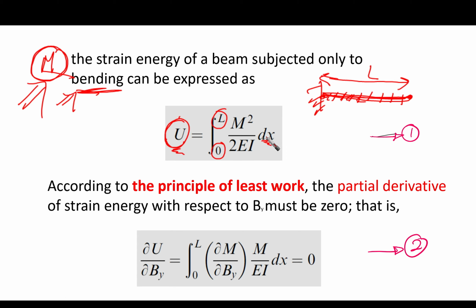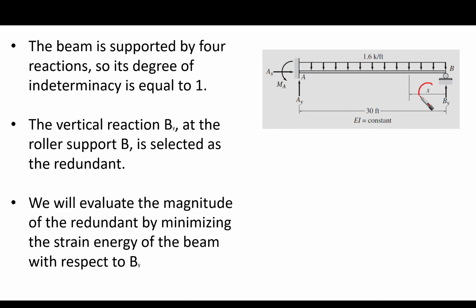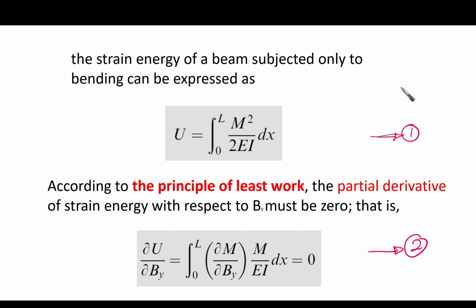Remember that our integration parameter here is dx, because we start x from here, at B, which is the place of the redundant and the origin. Then we measure any point across the beam with parameter x, originating from B. Now this is the expression for the strain energy.